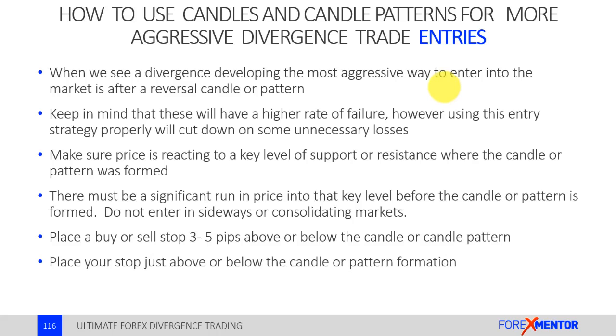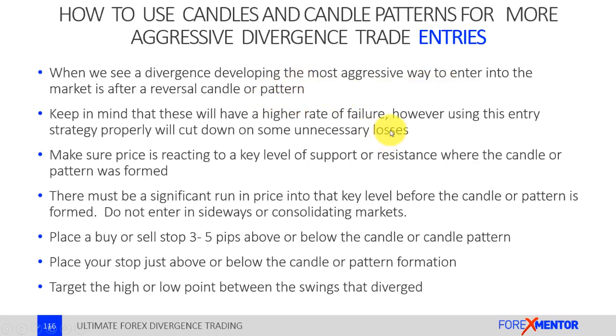Now, as you can imagine, this can give you some really good reward to risk ratios, because you're not really waiting for a run in price to break a trend line. You're just looking for that candle pattern and for price to follow through, breaking that candle formation to the side you want to trade. You're going to place your stop above that candle, but your target here is going to be the high or the low point between the swings that diverge.